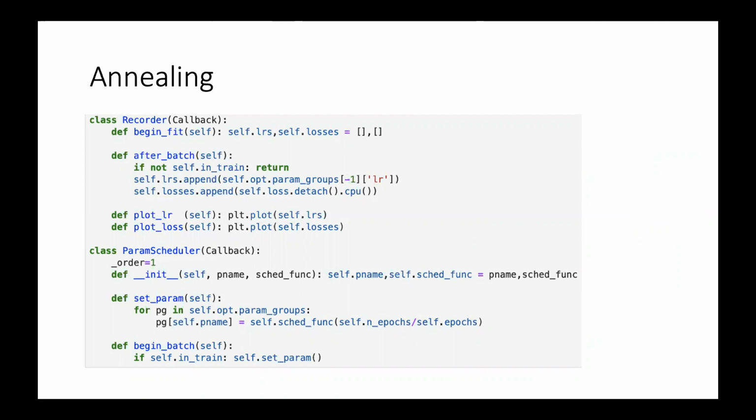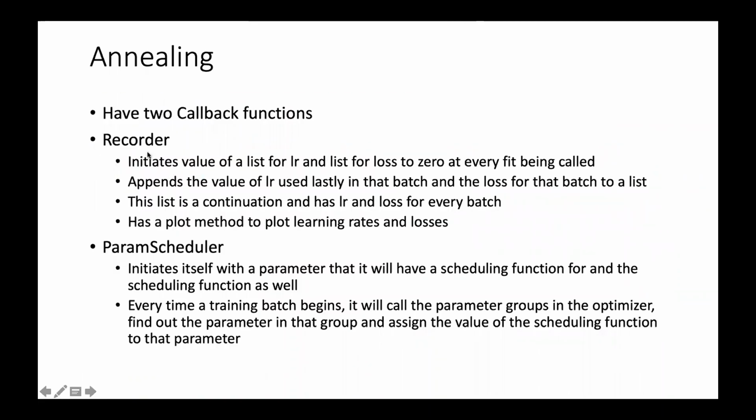You have a callback called recorder, and you have a callback called parameter scheduler, or param scheduler. Now, in the recorder, we initiate it with a list that keeps track of the learning rate and the loss every time fit is called.